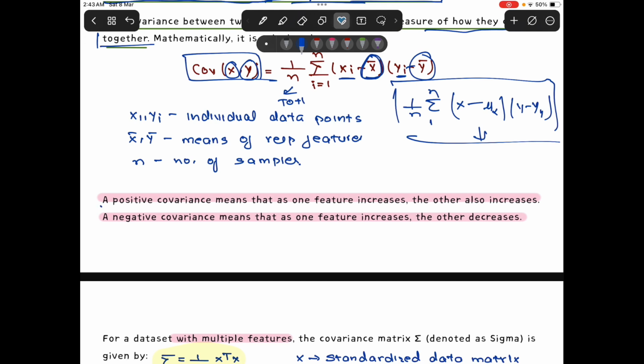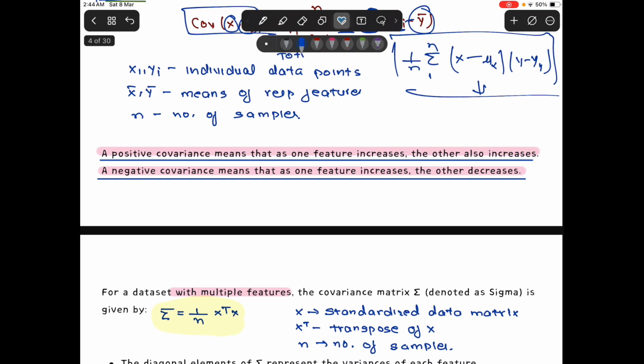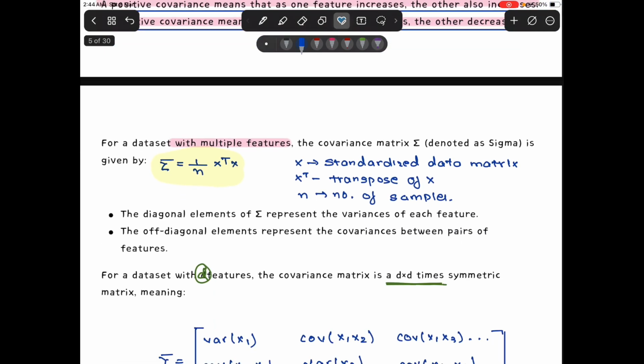This is an important line. A positive covariance means that if one feature increases, the other feature also increases. If we get covariance as negative, then if one feature increases, the other feature will decrease, or vice versa. So let's take an example first.